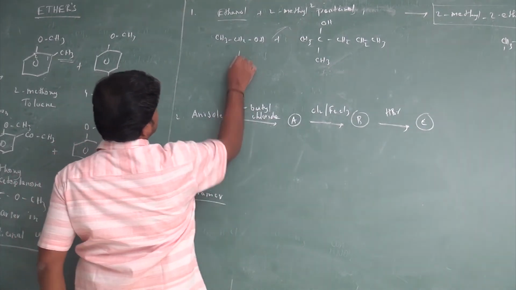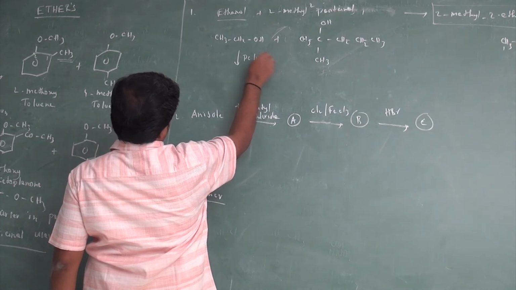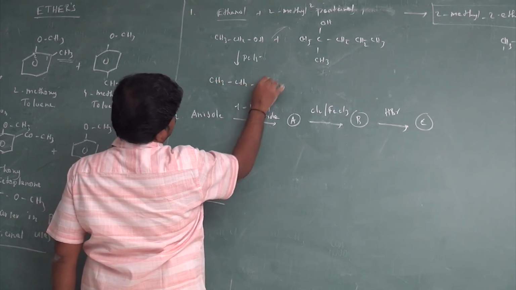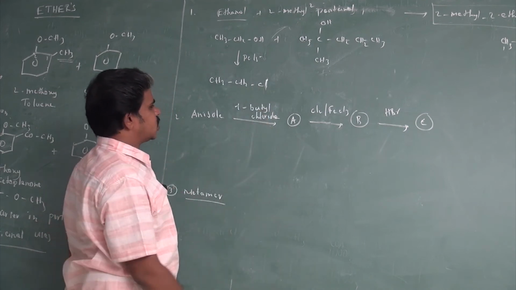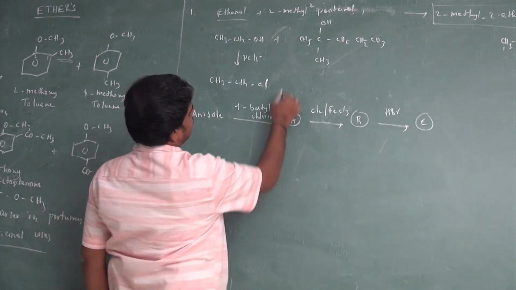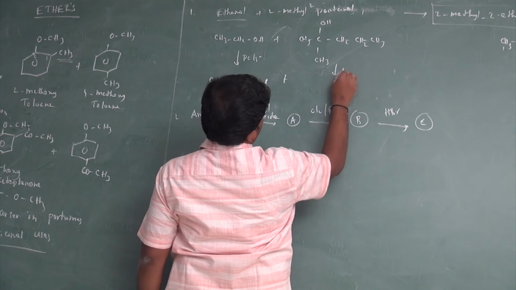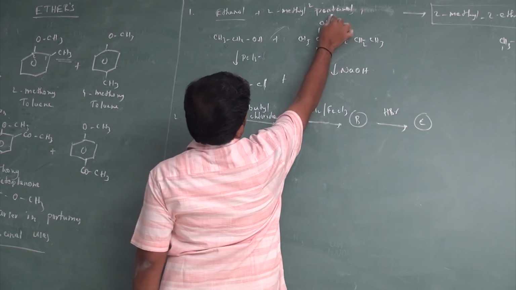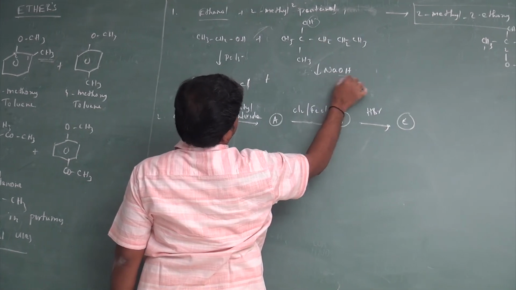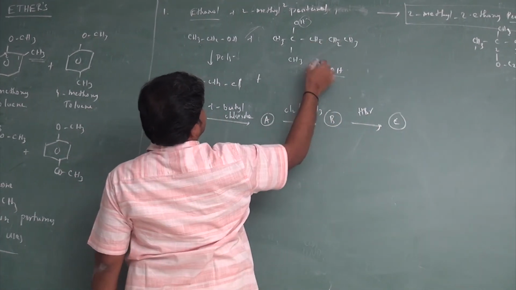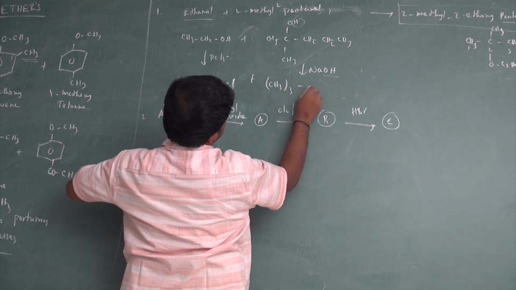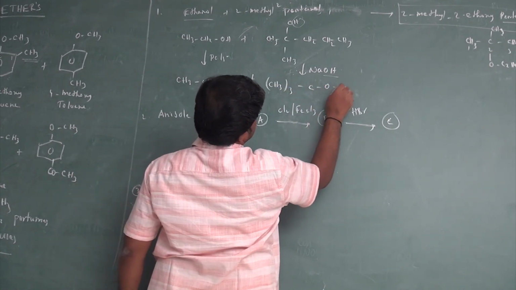So first it is treated with PCl5. So we are getting a halide. So what is it? CH3CH2Cl, ethyl chloride. Then the tertiary alcohol is treated with sodium hydroxide, then the OH group is removed by this Na. So we get CH3, then thrice, CONa.